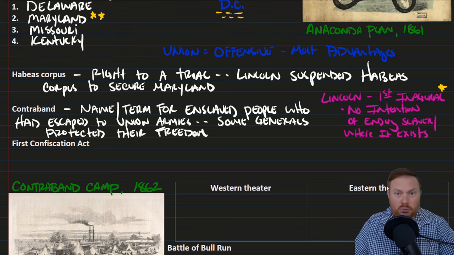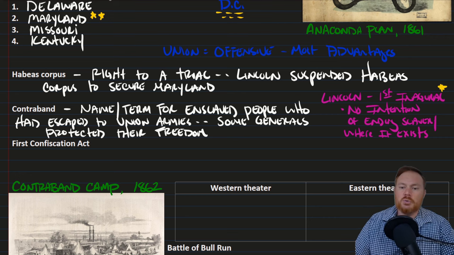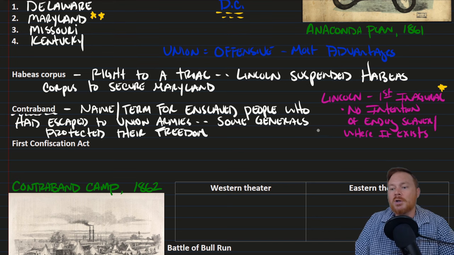So pretty much the logic from these Union generals was, look, when we conquer a Southern army, we can take their weapons, we can take their clothing, we can take all their stuff. If the Confederacy considers enslaved people property, then we should be able to confiscate their property, right? That these people are quote unquote contraband. And that's what contraband is: confiscated property.